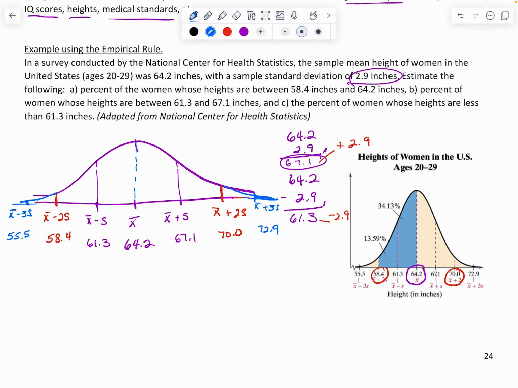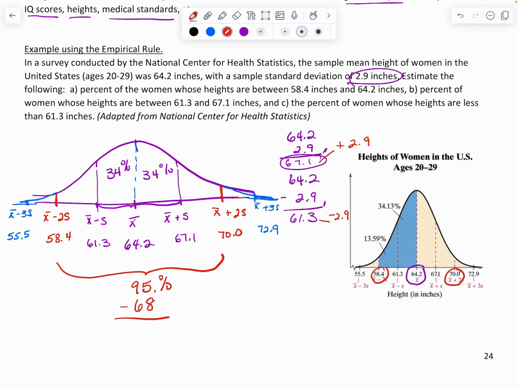So now it's going to start to ask us about percentages. All right. This total purple area right here is 68%. That would be 34% here and 34% here. The entire red spot is going to be 95%.